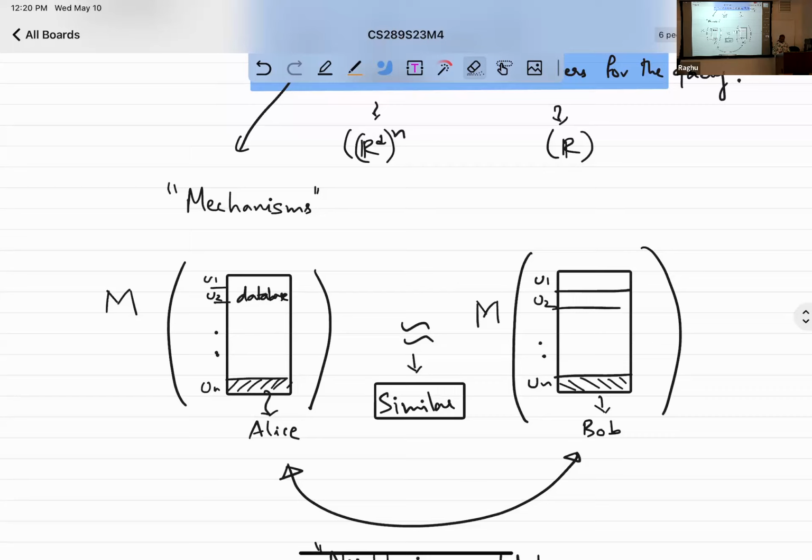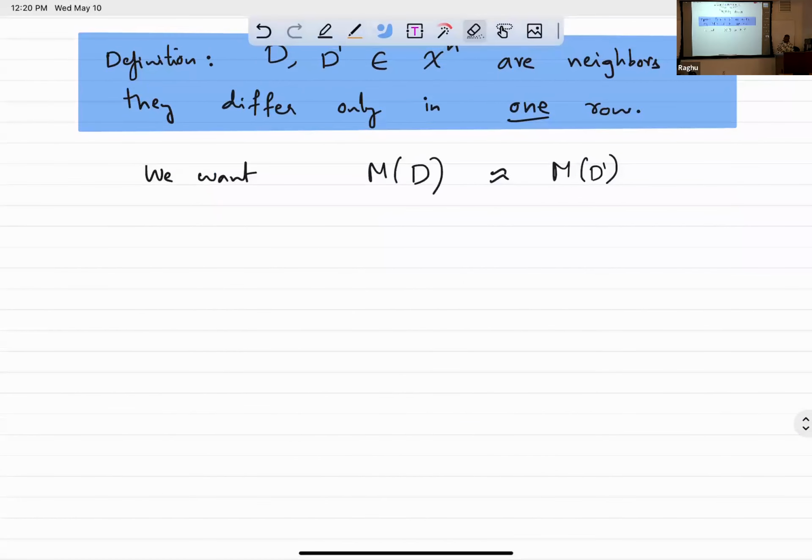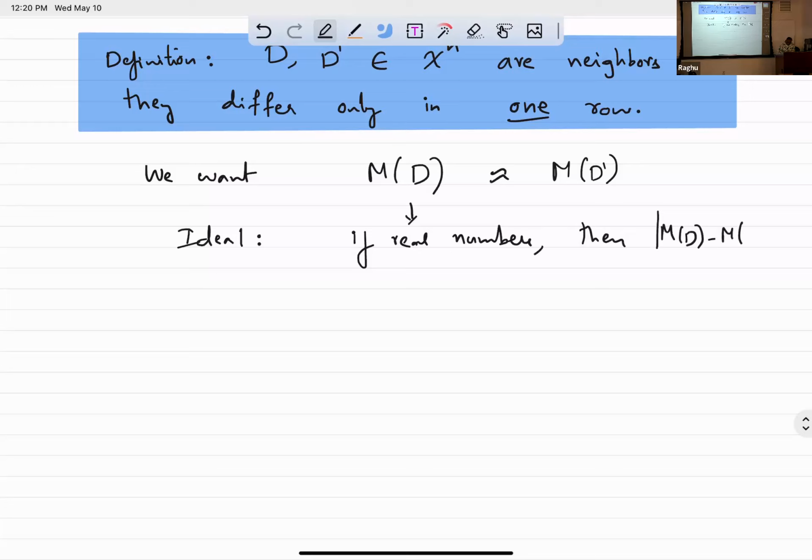So what would be the right notion? It has to be much, much stronger than just saying, if these are real numbers, ask for the difference to be small.